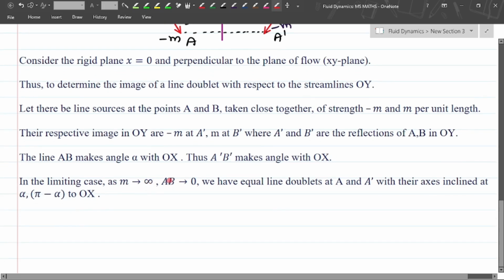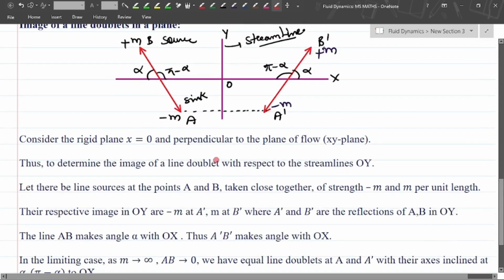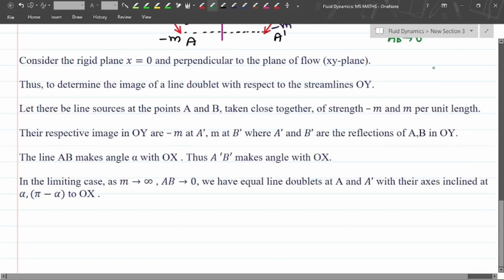As m tends to infinity, AB tends to 0. If the strength tends to infinity, the distance between points A and B will tend to 0. It means that whenever the strength increases, the distance between the source and sink, or the length of the doublet, will decrease and tend to 0.